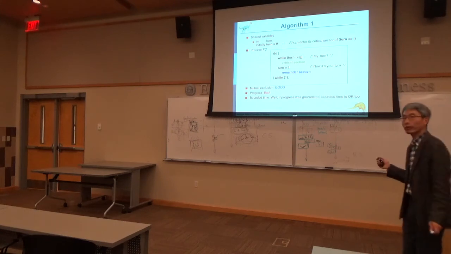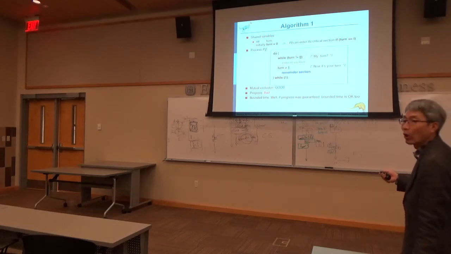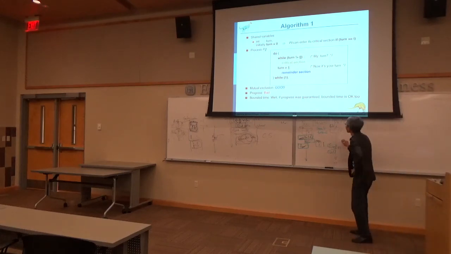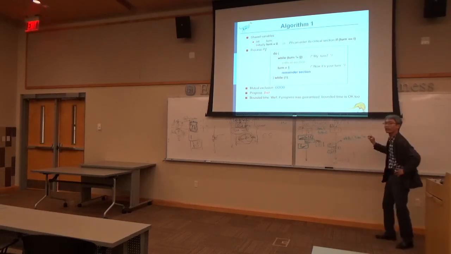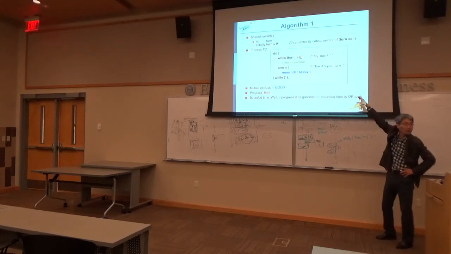So let's take a look at the entry section. This is for process 0. In the case of process 1, the entry section will check that turn is not 1, like this. This is an example for process 0.